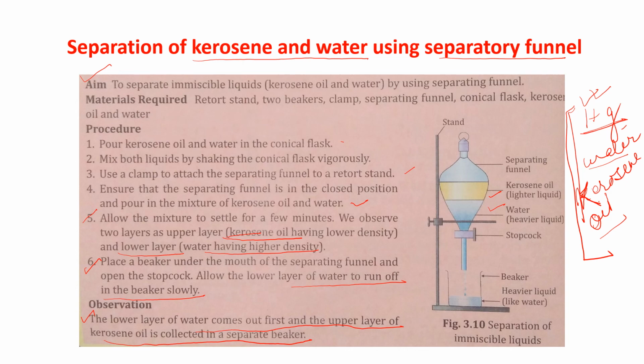Then open the stopcock. First allow mercury to fall and then close it. Remove that beaker and place another beaker. Then again you open and collect water in the second beaker. And kerosene oil will remain in the separating funnel.